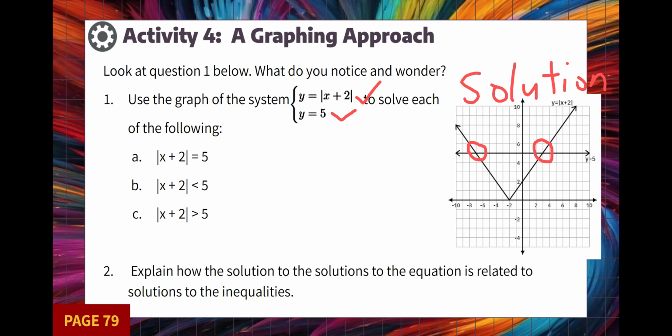Now, it says absolute value of x plus 2 equals 5. Let's see. Absolute value of 3 plus 2 equals 5. So 3 and negative 7. Negative 5, oh, negative 6, negative 7 here.